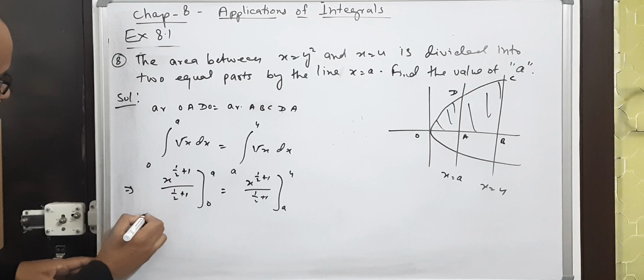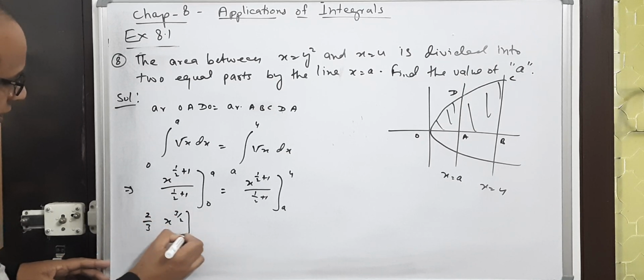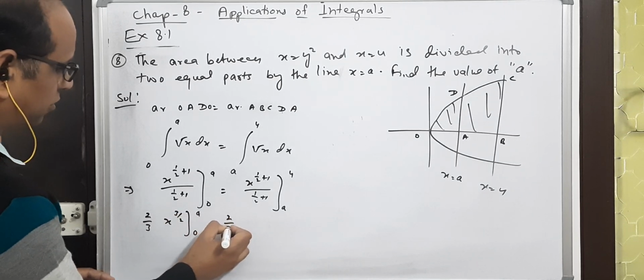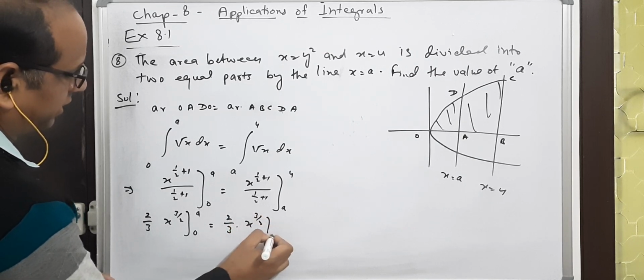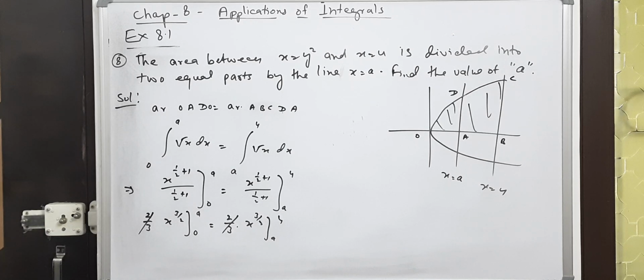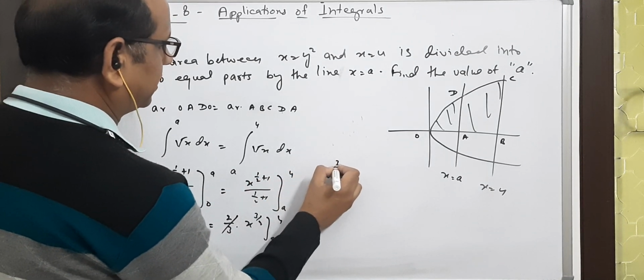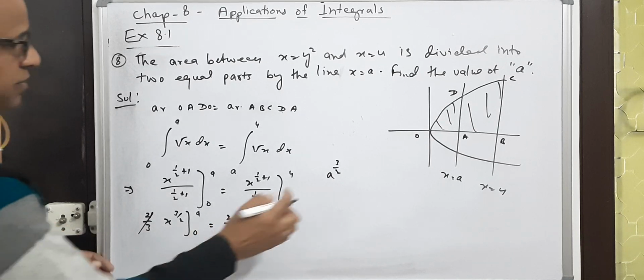It is 2 by 3 x power 3 by 2, 0 to a. This side also 2 by 3 x power 3 by 2, a to 4. Now this part and this part can cancel here because it will be a common part. So it is a power 3 by 2 instead of x. Minus 0, it will be 0 only.